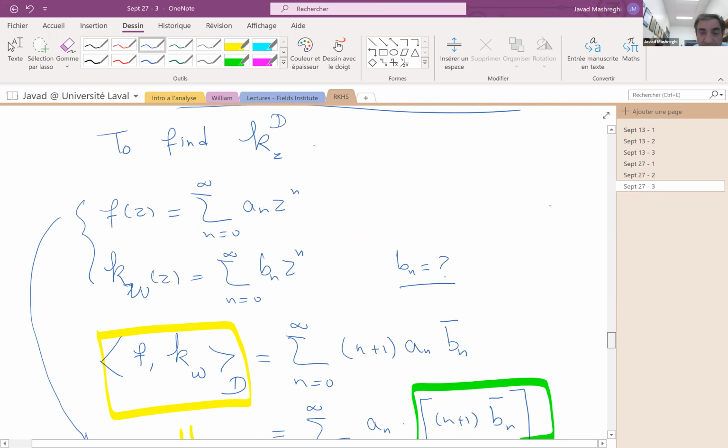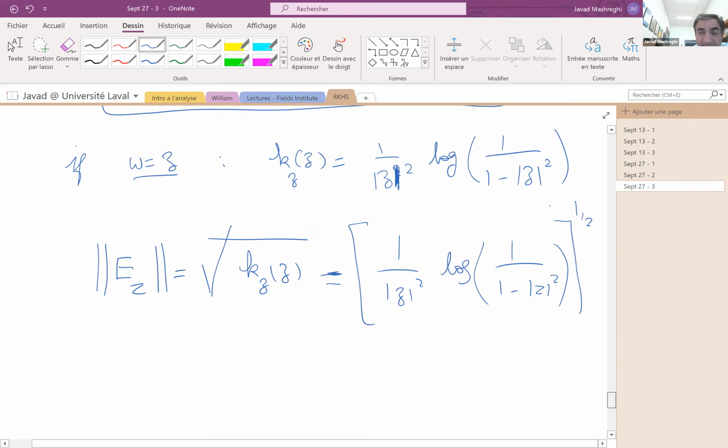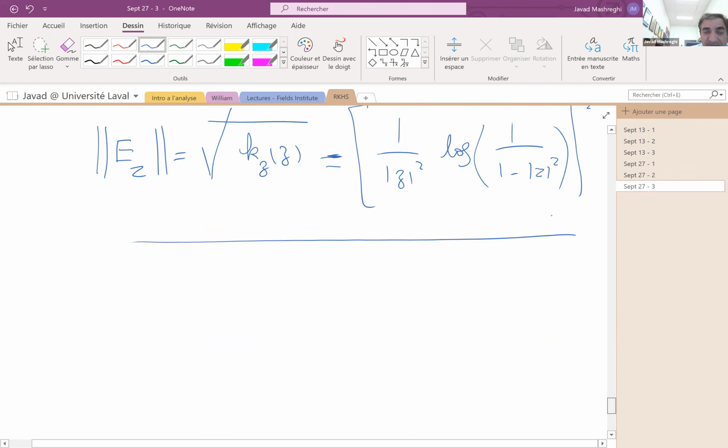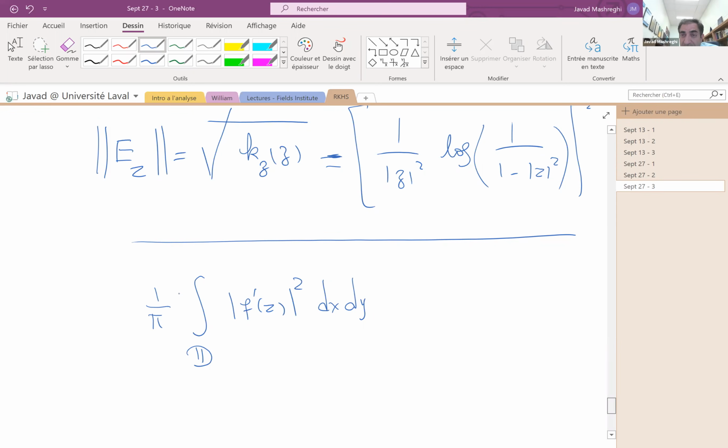The formula used by Dirichlet himself in his solution of the Dirichlet problem is the integral over the unit disk of |f'(z)|² dA(z), or more clearly dx dy, normalized by 1 over pi. We calculate this integral, and if you do the calculation and use the Parseval identity, you see this is equal to the sum of n |a_n|².